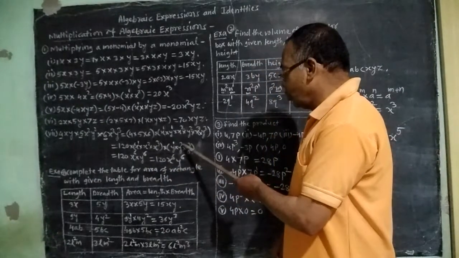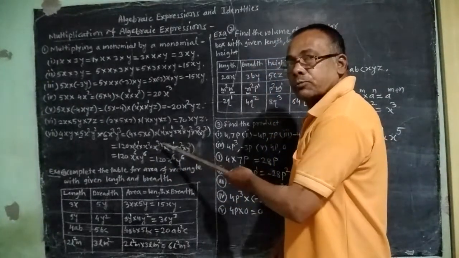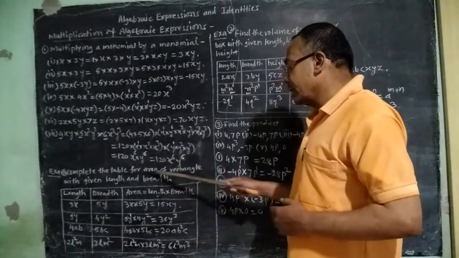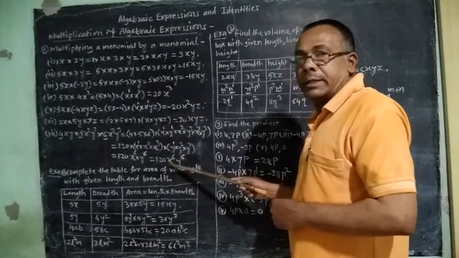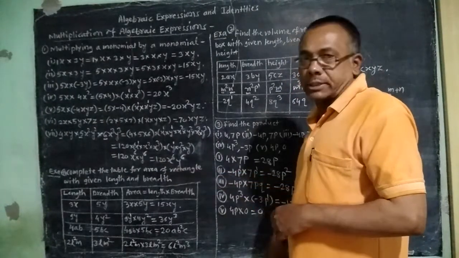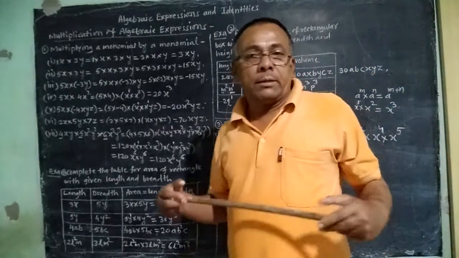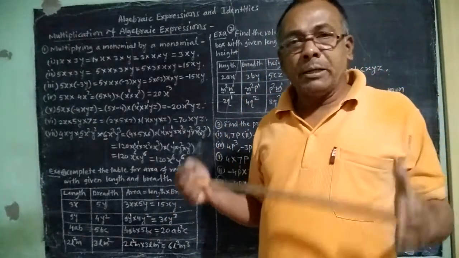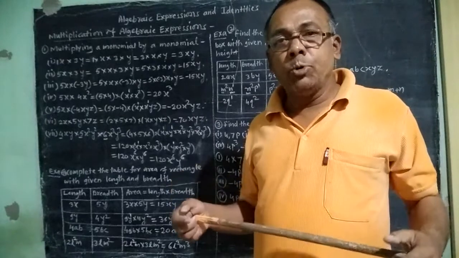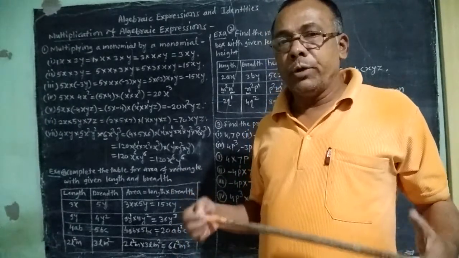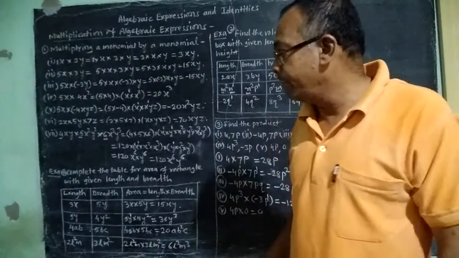Again 3 plus 2 is 5, 5 plus 1 is equal to 6, so y raised to 6. So here our answer is 120 x raised to 6 into y raised to 6. So in this way we have to multiply monomial by monomial, and now we have to solve some examples here.